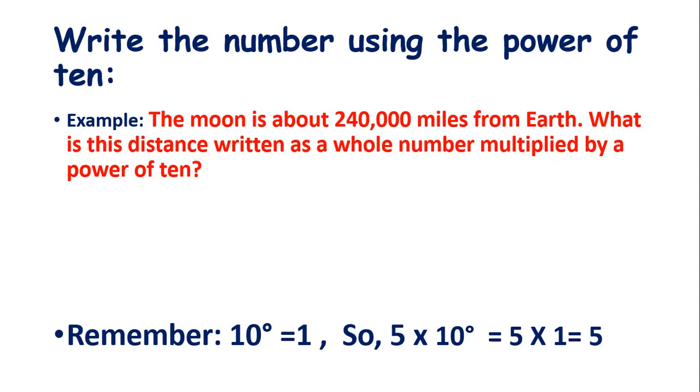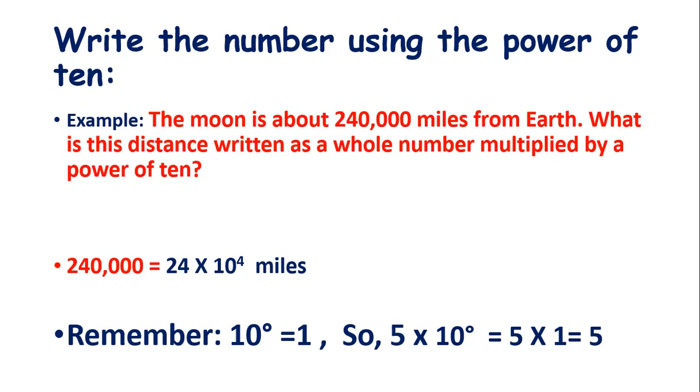You will have to write it as a whole number multiplied by a power of 10. The whole number is 24 and multiplied by how many zeros? 4 zeros. So it is the fourth power of 10. So you can write it as 24 multiplied by the fourth power of 10 miles.